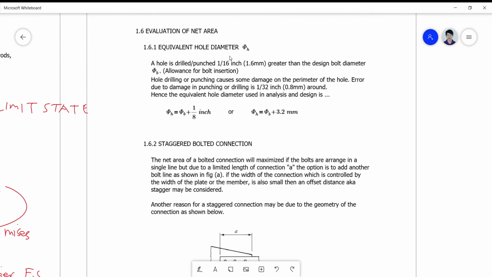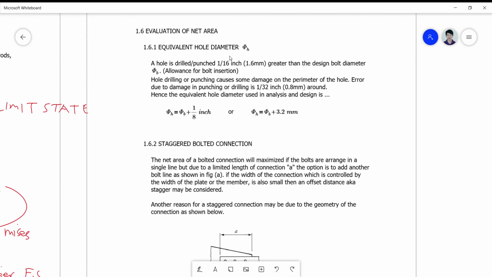If a hole is drilled or punched, it must always be 1/16 inch or 1.6 millimeter greater than the design bolt diameter, which serves as an allowance for bolt insertion. So we cannot drill a hole which is exactly the same as the diameter of the bolt, because we will be encountering problems of insertion.